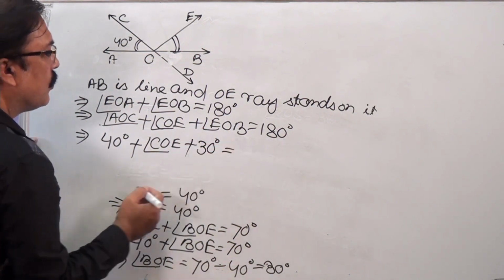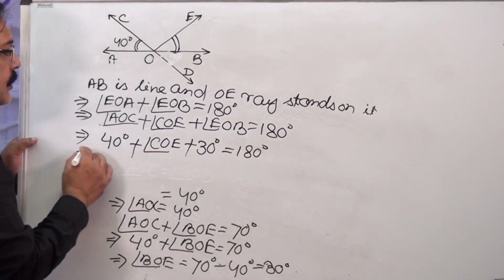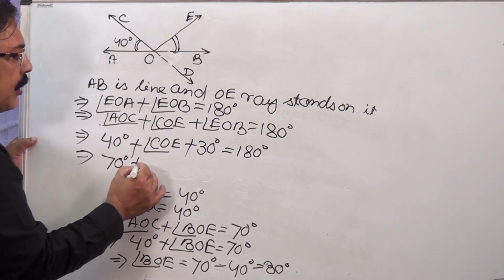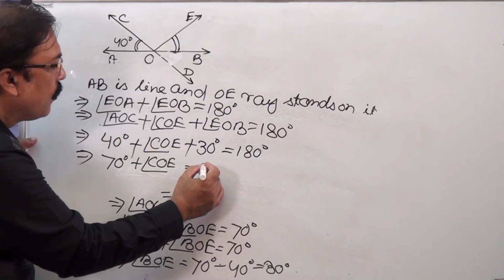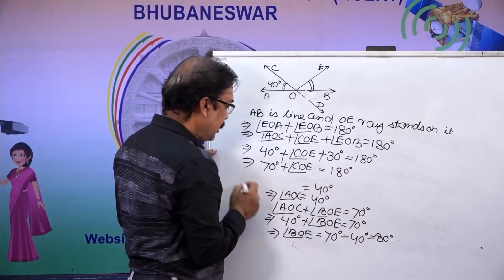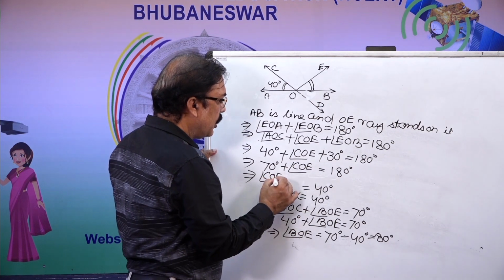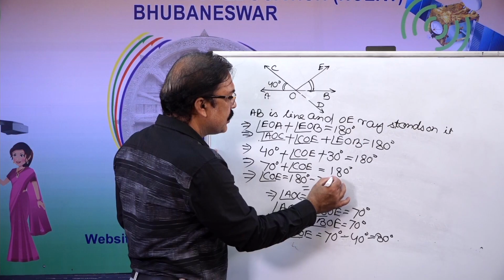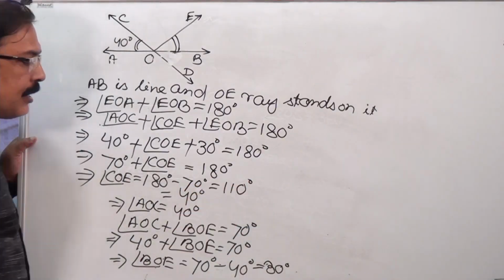This is equal to 180 degrees. This gives 40 plus 30, 70 degrees, plus COE is equal to 180 degrees. That gives angle COE is equal to 180 degrees minus 70 degrees, which is 110 degrees.